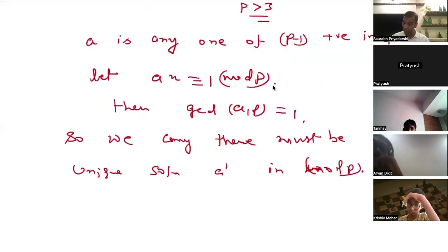If ax ≡ 1, there must be a unique a', and a' will be the unique number lying between, right? For mod p, there is always this possibility.